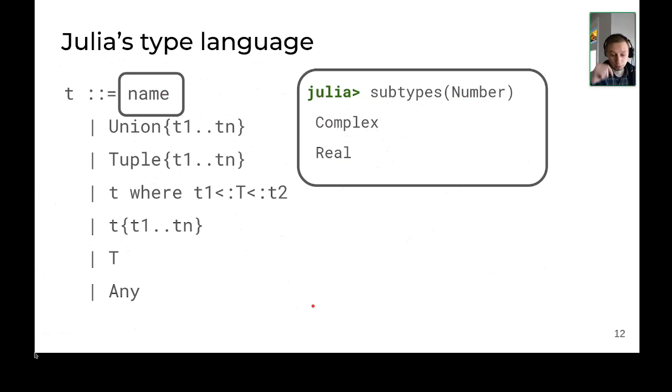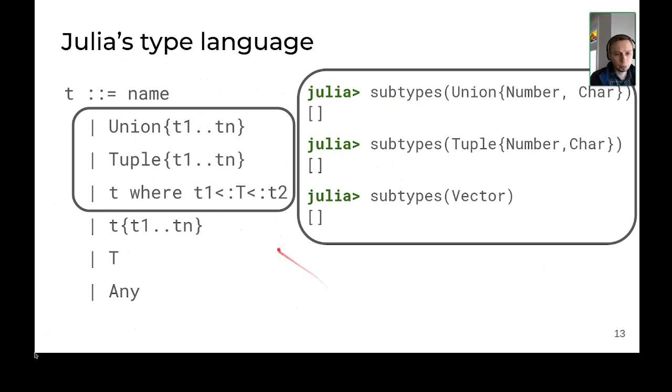The nice property of Julia's type system is that concrete types cannot have subtypes. So you just start from some point in the subtype lattice, and you go and collect all the leaves.